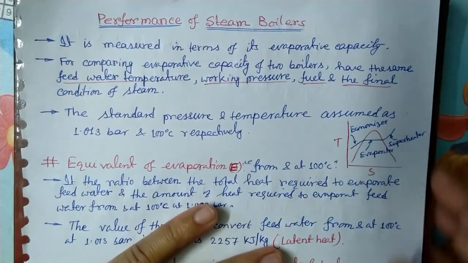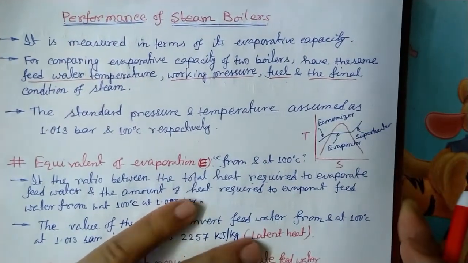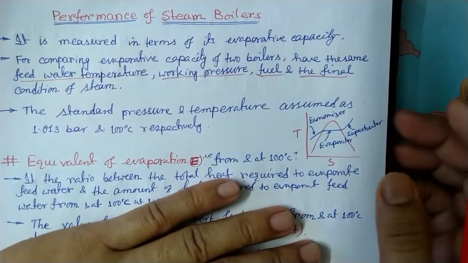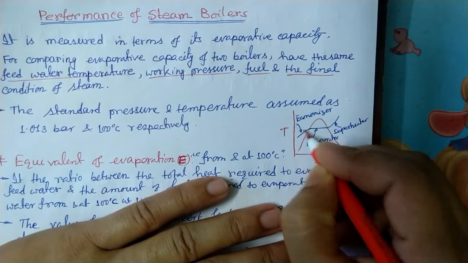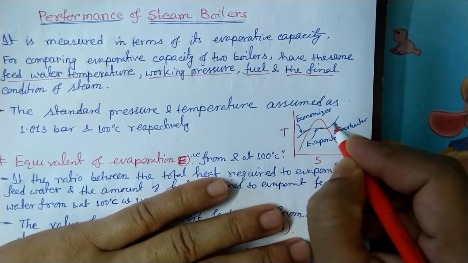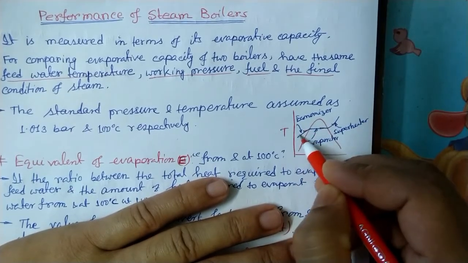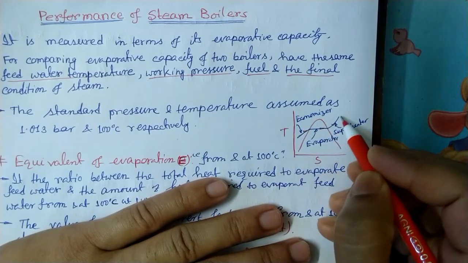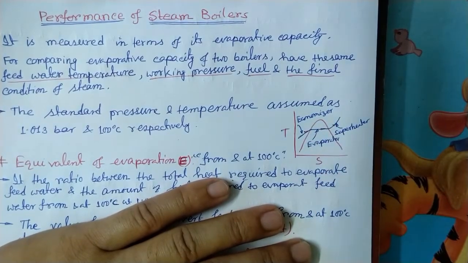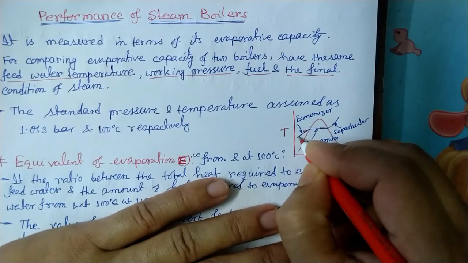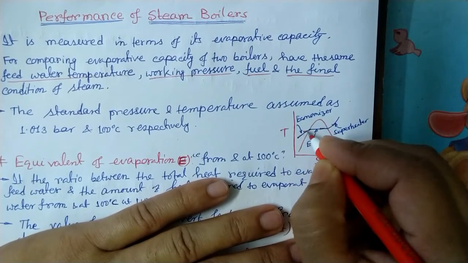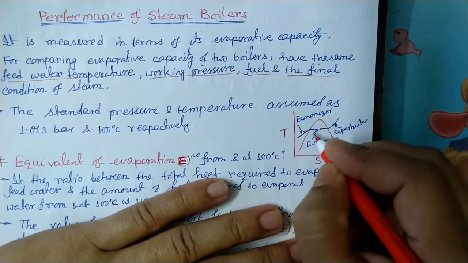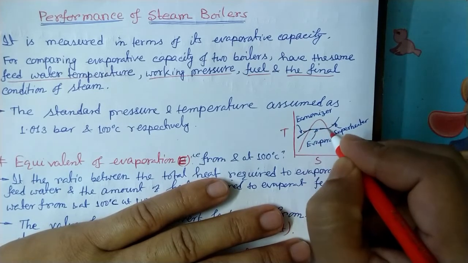Before going to the equivalent of evaporation, let's look at what we have seen in the Rankine cycle; this is the part of the boiler. This is 1, this is 2, and this all occurs in the boiler. From the subcooled position to the saturated liquid, the step is heated in the economizer.